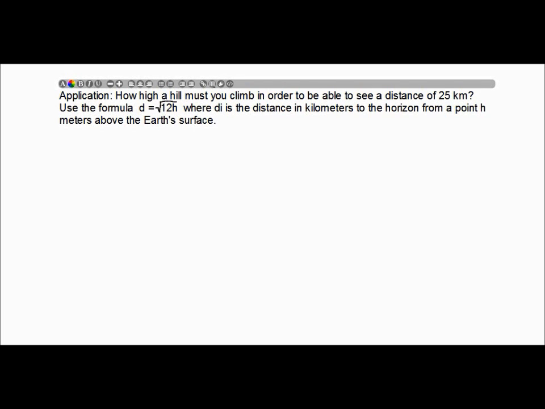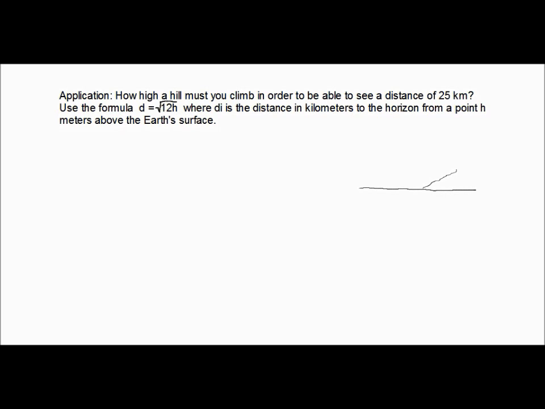Well, in this particular case, what we should know is that we have to use the formula d equals the square root of 12h. So if we're imagining the situation, we've got the Earth's surface over here, and supposedly you climb up some hill somewhere, 25 meters, so you're up here at the top of the hill.